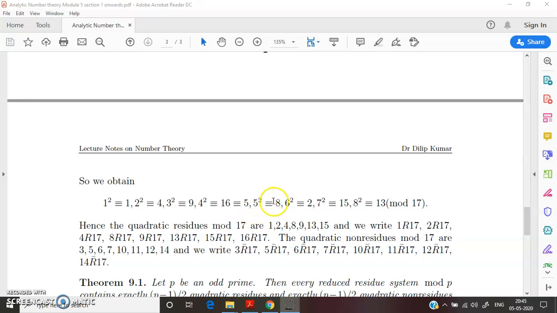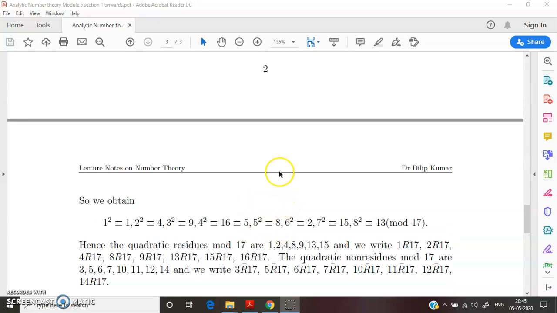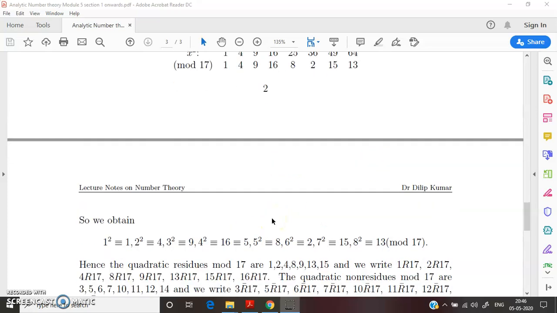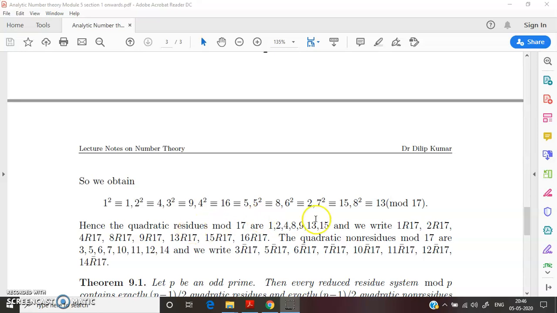And 5 square is 25, so 8 will be the remainder. 6 square is 36, so 2 will be the remainder, because 34 is 2 times 17, so the remainder is 2. 7 square is 49, so 15. 8 square is 64, so the remainder is 13. So these will be the numbers we get.